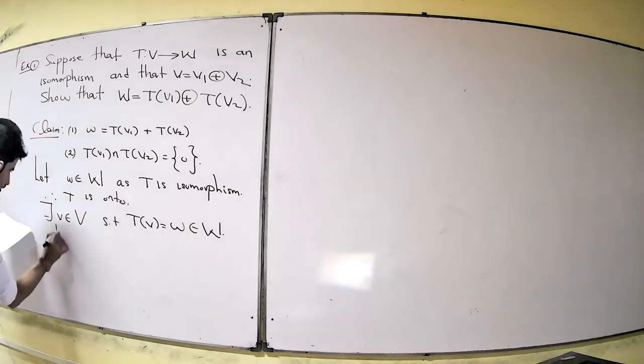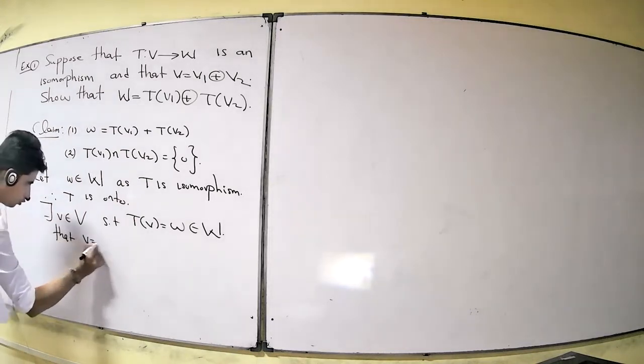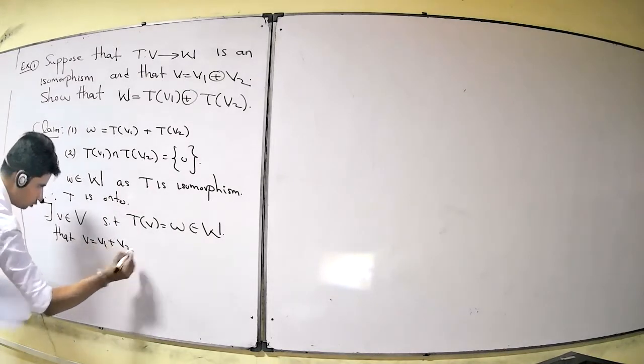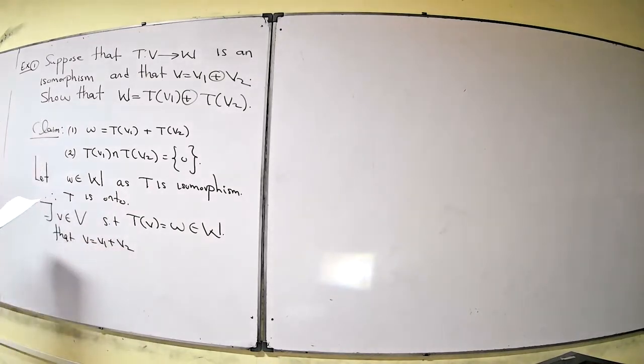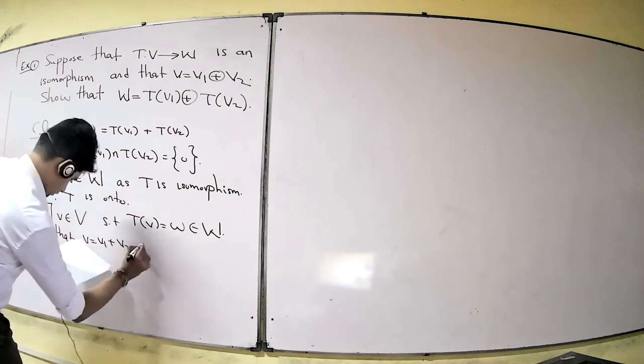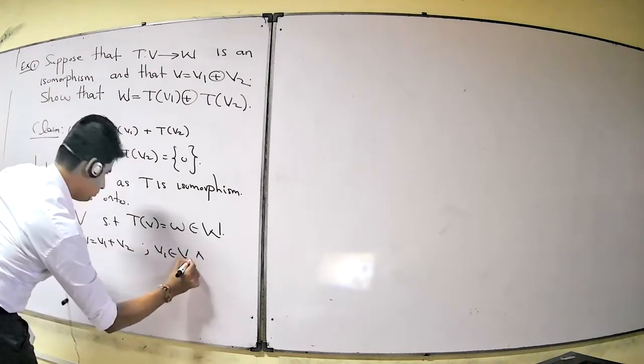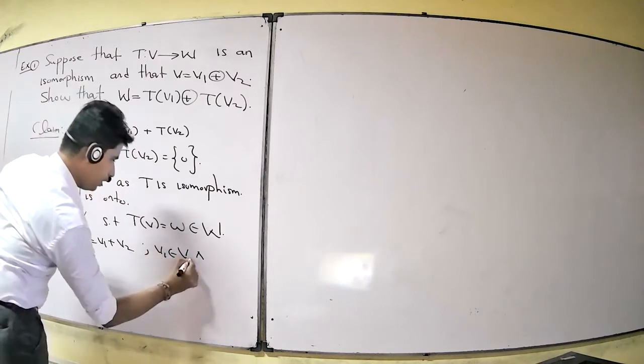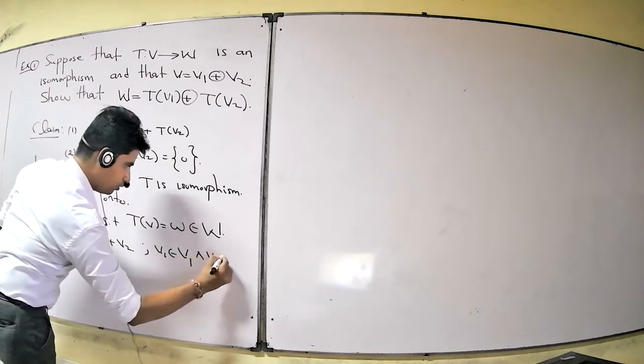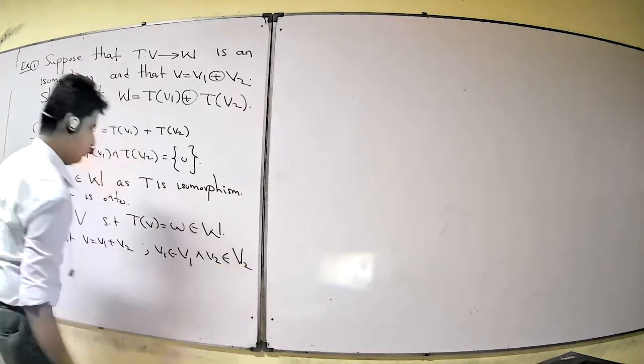Now v equals v1 plus v2, where small v1 belongs to capital V1, small v2 belongs to capital V2.